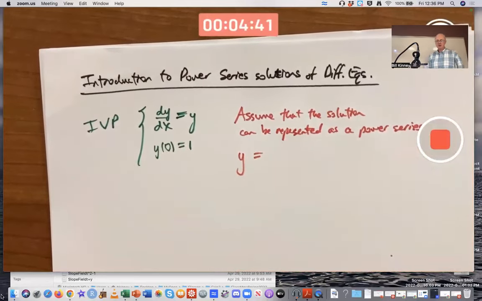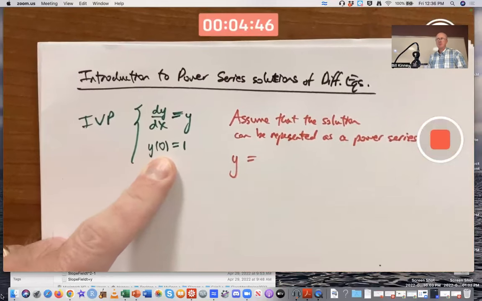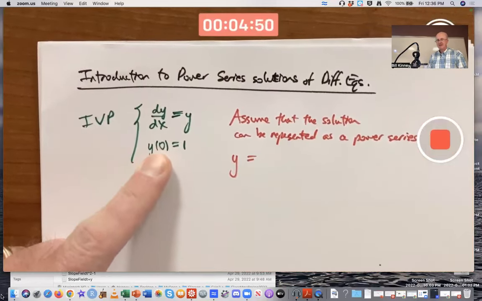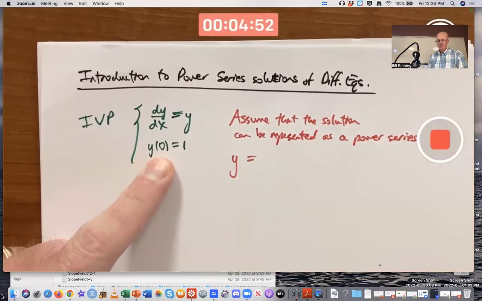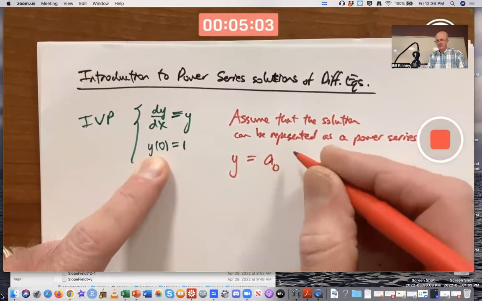Well, since the initial condition is that when the input x equals 0, it probably should be centered at x equals 0. If I had a different initial condition, maybe y of 3 equals 1, it's better to center it at x equals 3 in that case. But it's 0, so let's center our power series at 0.